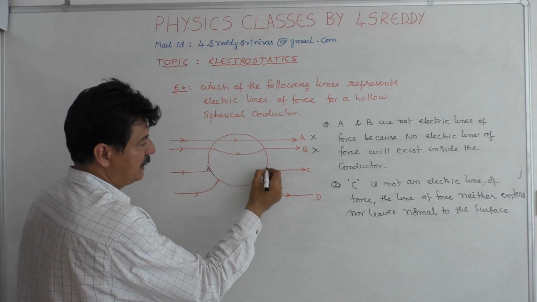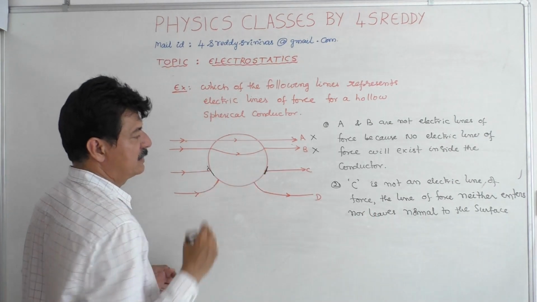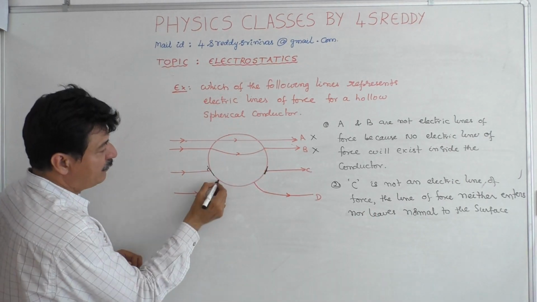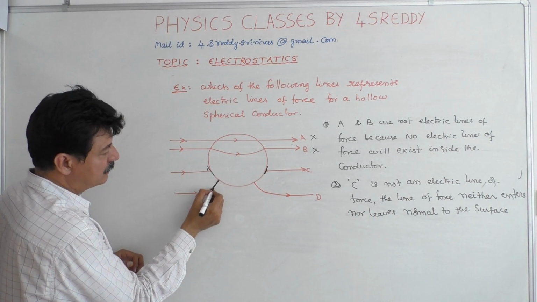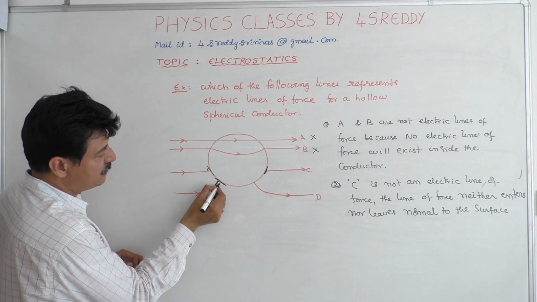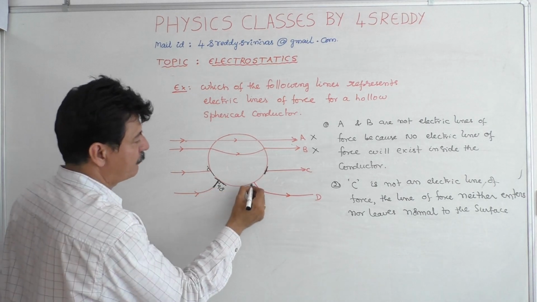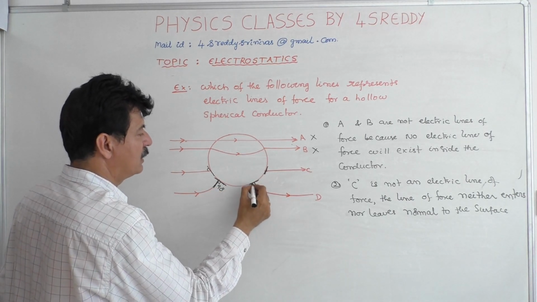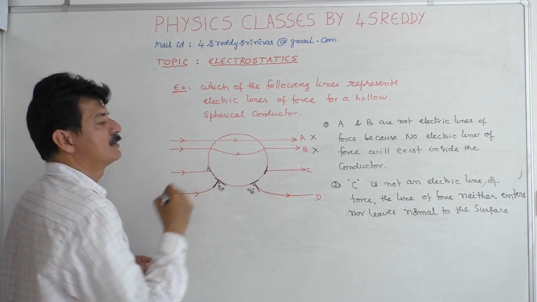If you draw the tangent here also, it is other than 90 degrees. Whereas for this one, the tangent makes an angle of 90 degrees. Here also if you draw the tangent, it is 90.